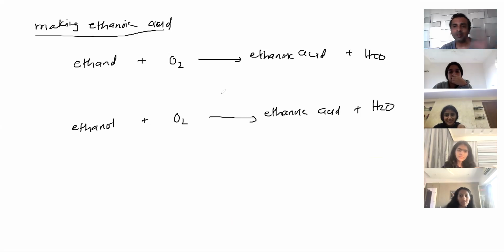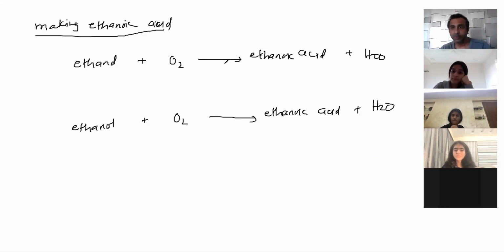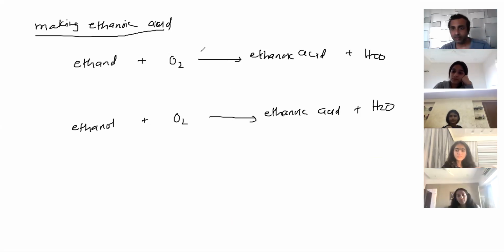Now we are trying to spot the difference. The reaction is same, the process is different. The first method, same reaction, can be carried out by fermentation. Fermentation means you need a bacteria.